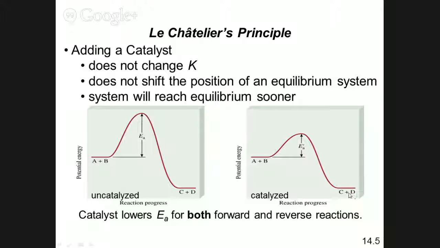Likewise, in the reverse reaction, going from C and D, they have to overcome a certain amount of energy to get to A and B. So what the catalyst did is we had this big hill to overcome, and it became a smaller hill to overcome. We didn't need as much energy to get either reaction to take place. But it does not change the concentrations that they'll finally end up at. It just gets them there sooner.